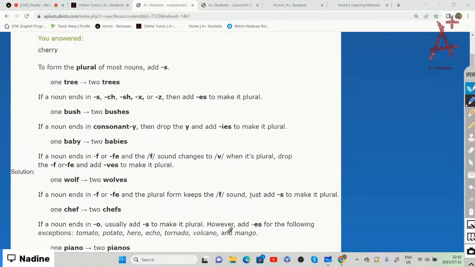So once again, if a noun ends in f or fe and the f sound changes to v when it is plural, then we drop the f, we drop the fe, and we just add ves to make it plural. Like the example, one wolf, two wolves. And as you can see, the f was dropped and we added ves.